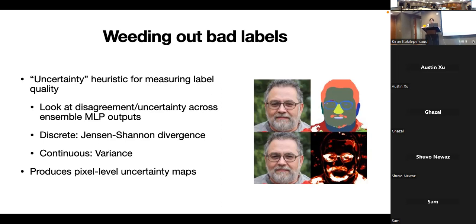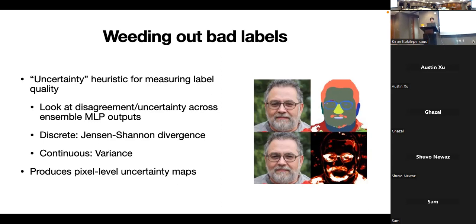So for discrete labels like segmentation maps, we'll use a Jensen-Shannon divergence across all of the output probability distributions. And for continuous labels like depth maps, we'll use variance. This gives us a way to compute pixel level uncertainty maps. So for each pixel, you get a measure of how uncertain your label generator is.